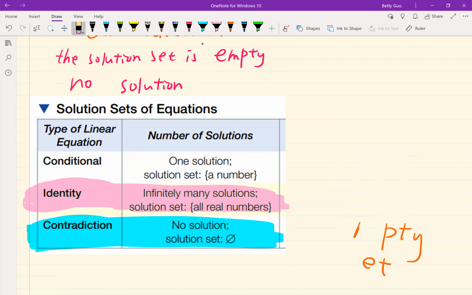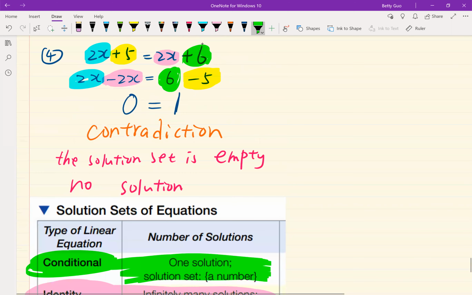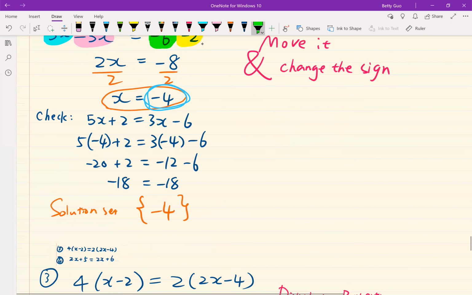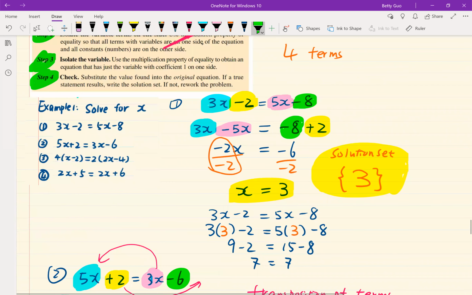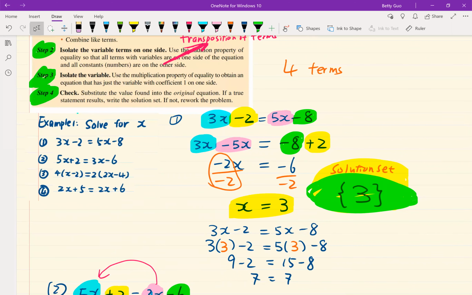And for number 1 and number 2 that we went over earlier, those are conditionals. Conditionals have one solution only. The solution set is a set containing that only solution. So let's go back and look at number 1. The solution set contains one solution, right? So the original equation is a conditional.